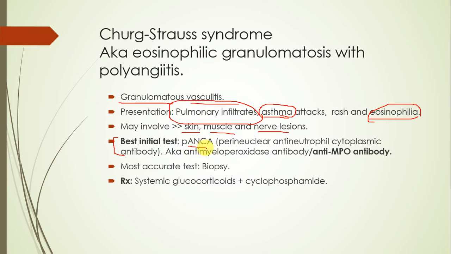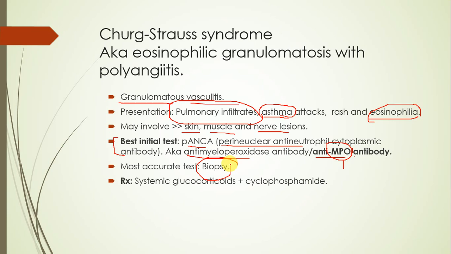So p-ANCA in Churg-Strauss. This is elaborated as perinuclear anti-neutrophil cytoplasmic antibody. It's also known as anti-myeloperoxidase or anti-MPO. MPO here means myeloperoxidase. It's an enzyme present in neutrophils. But the most accurate test would be a biopsy.